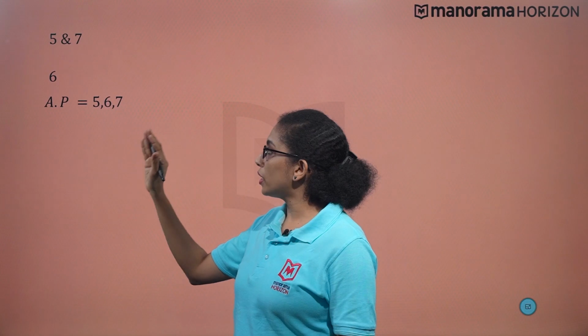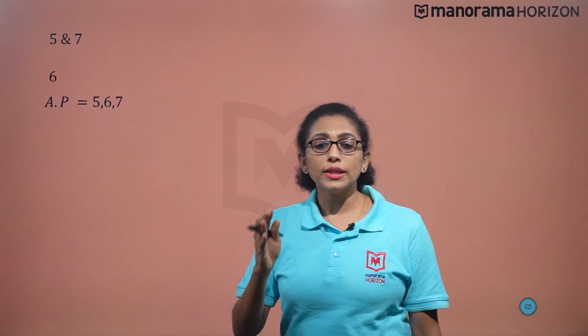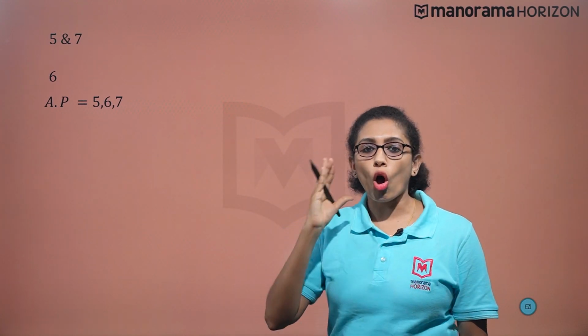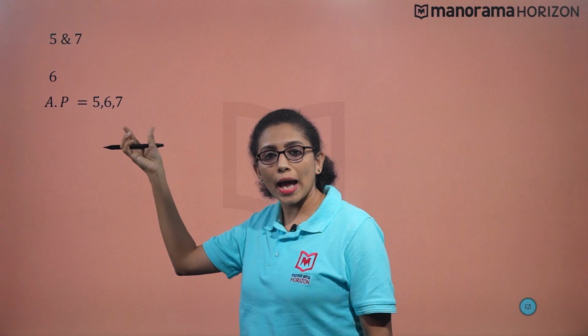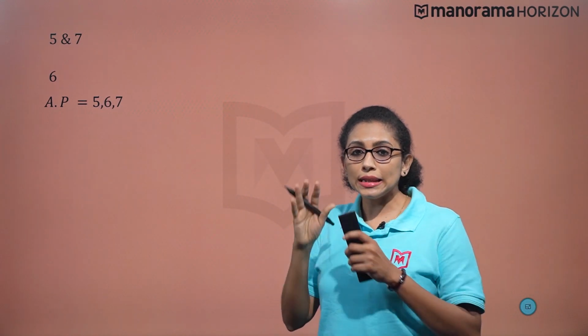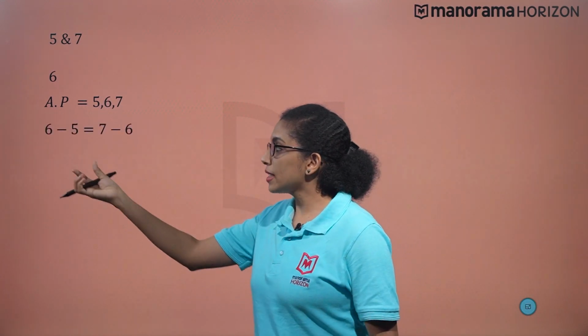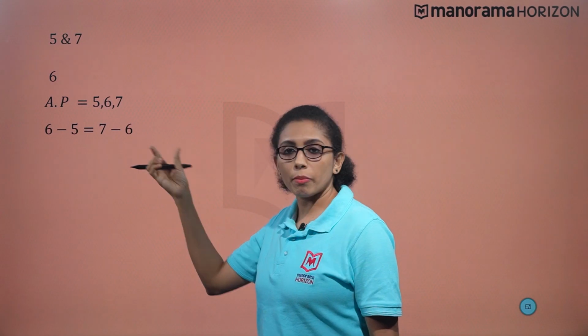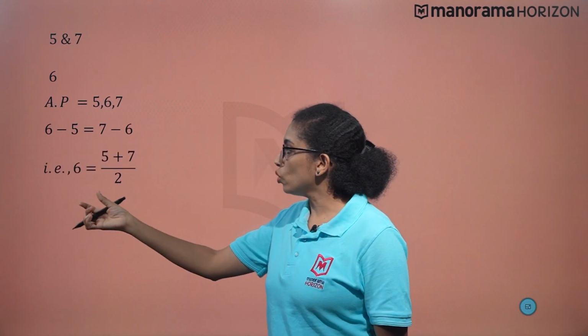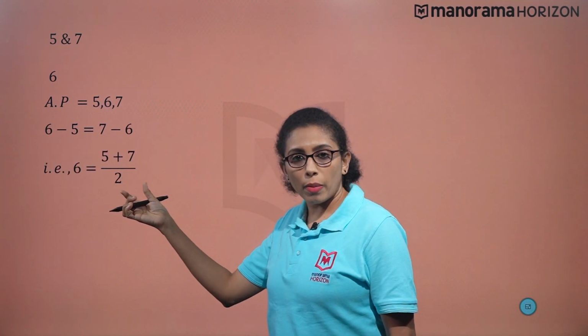And such a number 6 is called the arithmetic mean of the numbers 5 and 7. Note that in this case we have 6 minus 5 is equal to 7 minus 6, and 6 is equal to 5 plus 7 by 2.